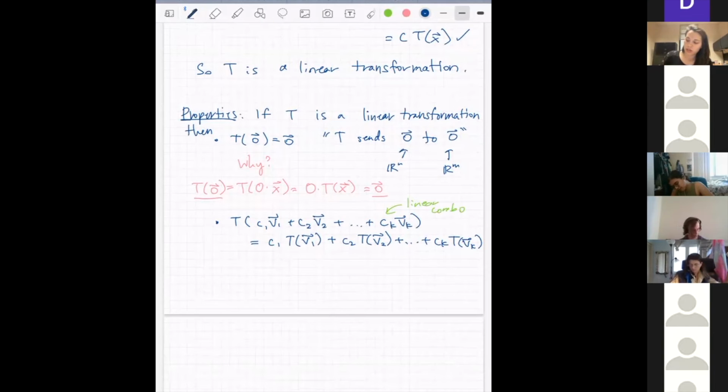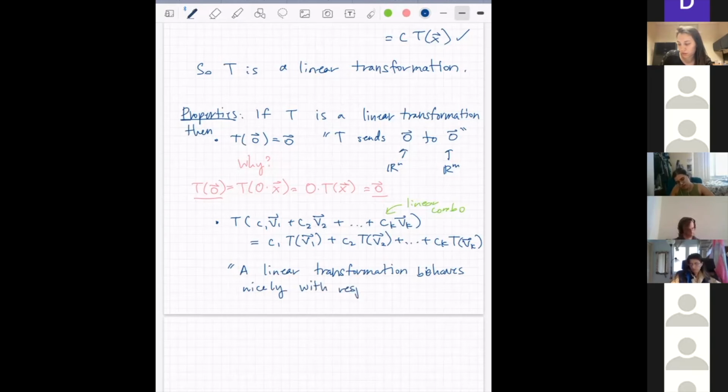So what we can say is that a linear transformation behaves nicely with respect to linear combinations, where nicely means we can split over linear combinations.